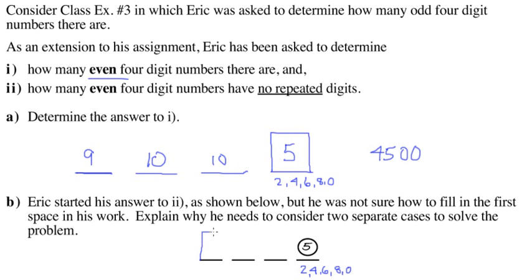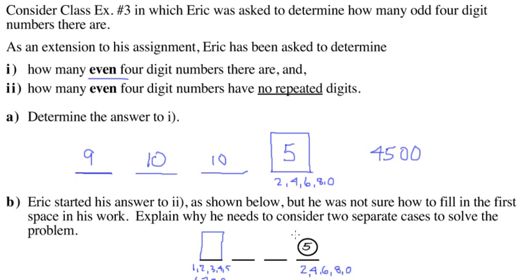Now the trouble happens. When you go to this spot, how many choices do you have available? There's 2 things you have to worry about at once. First, this can't be 0. So the digits we are allowed to use are these. We can't start with 0 because that would make this not a four-digit number.